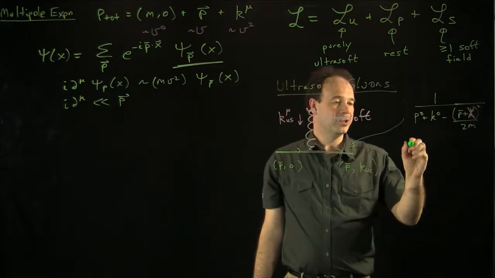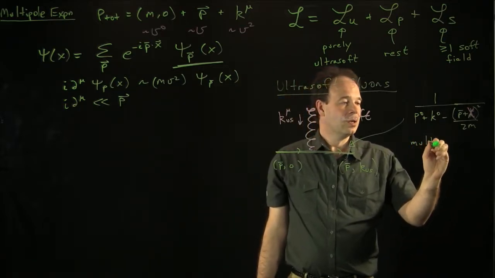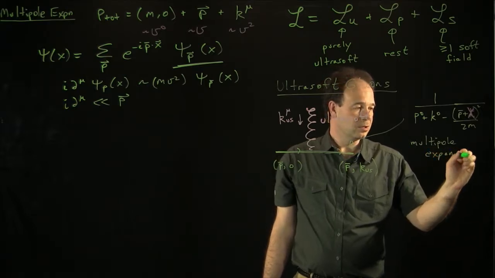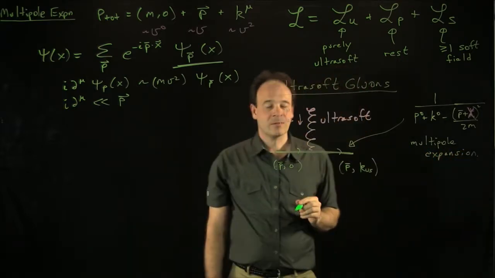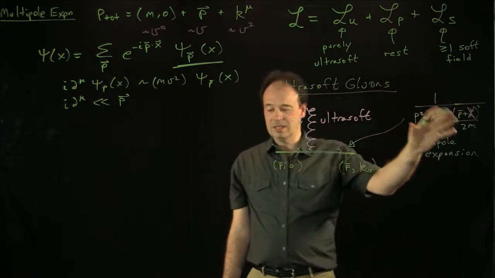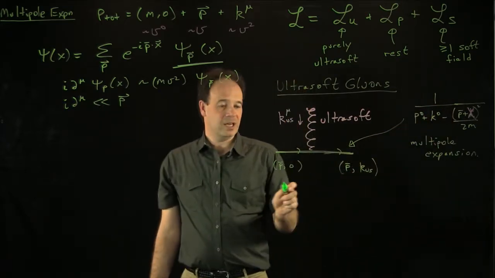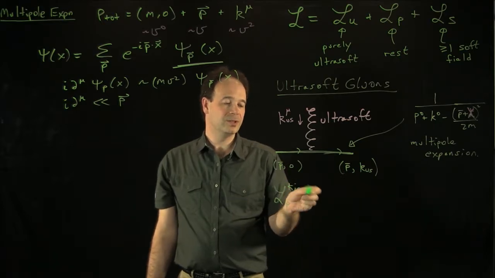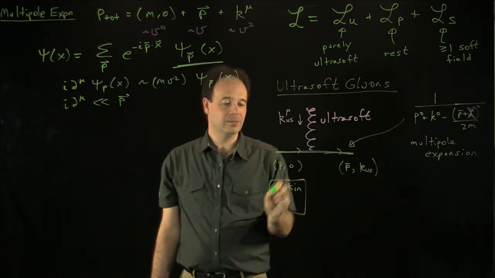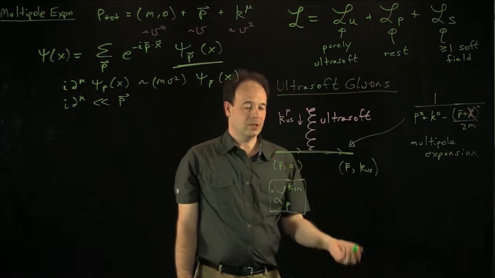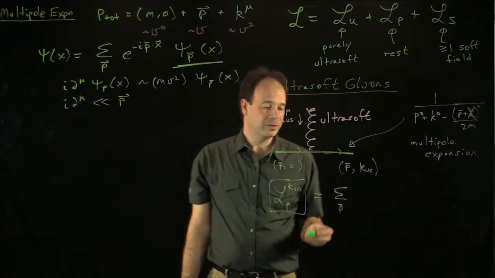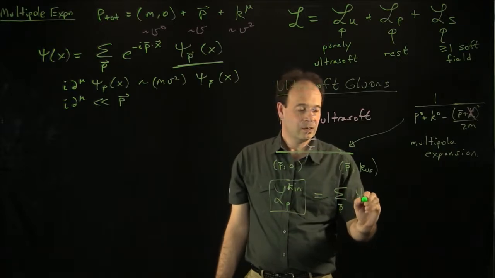So this is a multipole expansion, and we'll see how that's implemented in our Lagrangian momentarily. Let's write down a Lagrangian that does exactly that. These are, again, part of LP, but now it's the part of LP that I'll associate with the kinetic term. I'm going to write this as a term that gives the propagator of the psi.